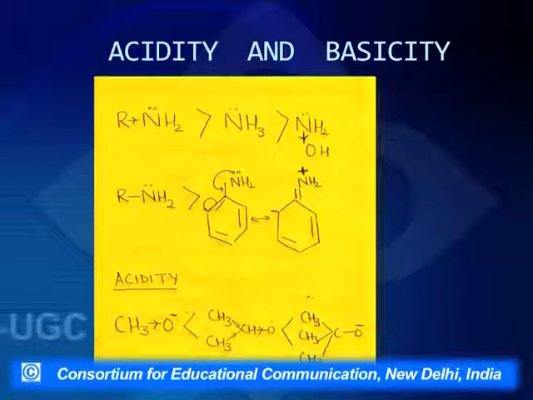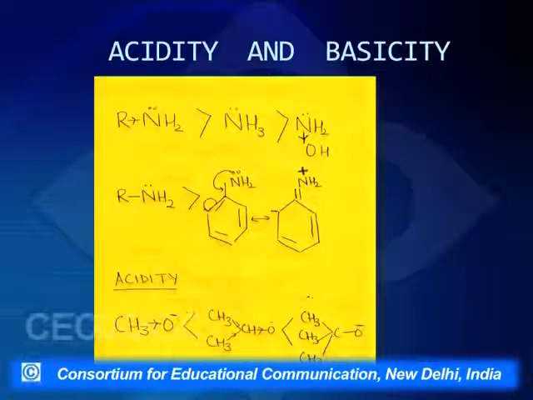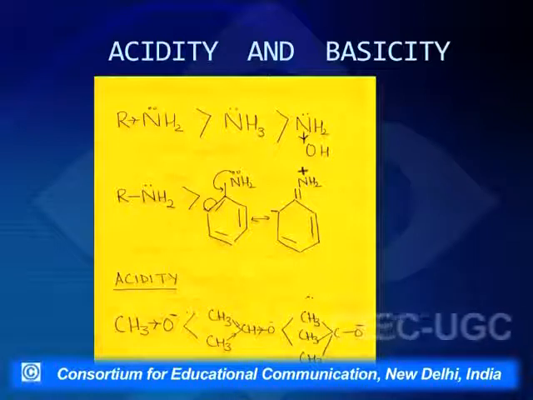If we talk of amines, then primary amine is more basic than ammonia, because in primary amine the alkyl group has plus I effect, and because of this plus I effect it increases the electron density on nitrogen.